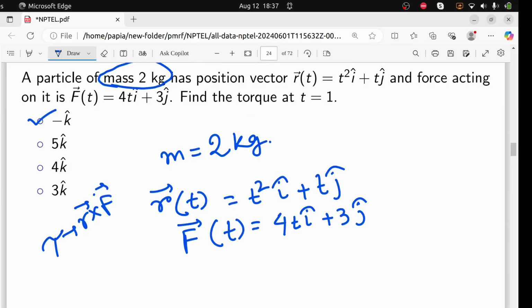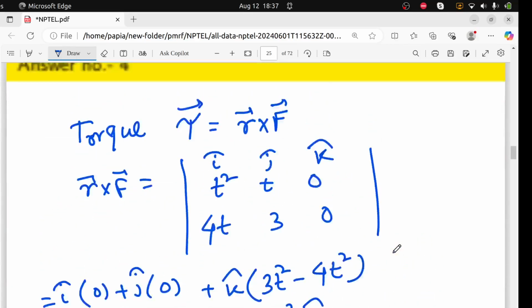So how do I do that? First of all, here the position vector r vector is given, and the force F vector is given, and the torque they are asking, and torque will be r cross F, that means the cross product between r vector and F vector. So if I do the r vector cross F vector, then it will be minus t squared k cap.